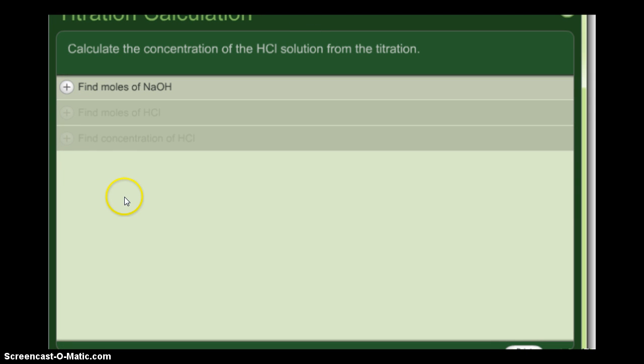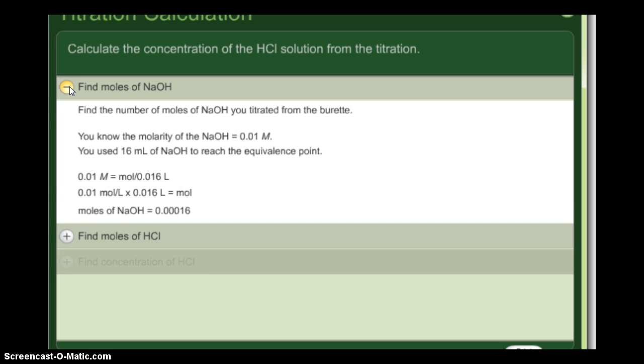So calculate the concentration of hydrochloric acid solution from the titration. First of all, you have to find the moles of sodium hydroxide. Find the number of moles of sodium hydroxide you titrated from the burette. You know the molarity of the sodium hydroxide is 0.01 molar. You know molar stands for moles per liter. You use 16 milliliters of sodium hydroxide to reach the equivalence point.